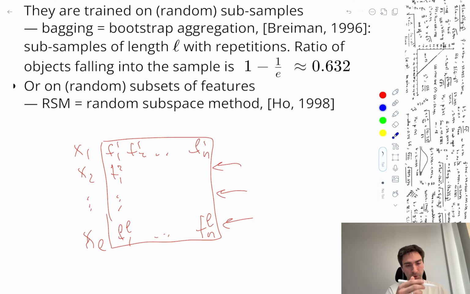Based on these two ways, you generate different data sets: data set 1, data set 2, data set 3, and so on. Then you train maybe one and the same, maybe different models on these different data sets, and it gives you a lot of base models, base algorithms to build a composition on this foundation.